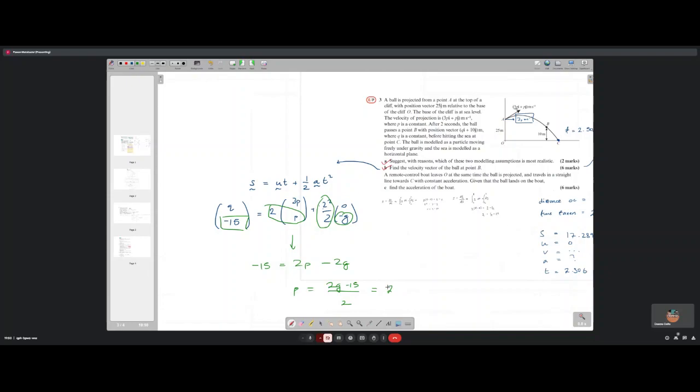And that's how you'll get 2.3, roughly. It doesn't have to be exactly 2.3, but that's how you would get it. If you look at your velocity equation, if you look at those components with p, you'll be able to solve it for p. Does that make sense? Yeah. Okay, great.